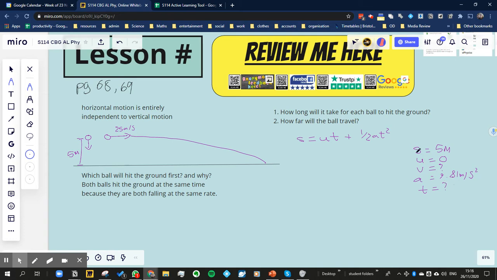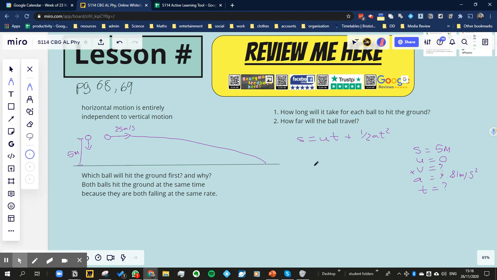So we do in fact want this one to work out time, because we don't need the final velocity and we don't have it. So we want an equation which doesn't have v in it, and that would be this one here. We're going to rearrange it for t, which would be quite tricky currently because we've got t and then t squared, so it's like a quadratic. But we don't have to worry too much about that because the ut is going to cancel out, because we have a 0 value for u.